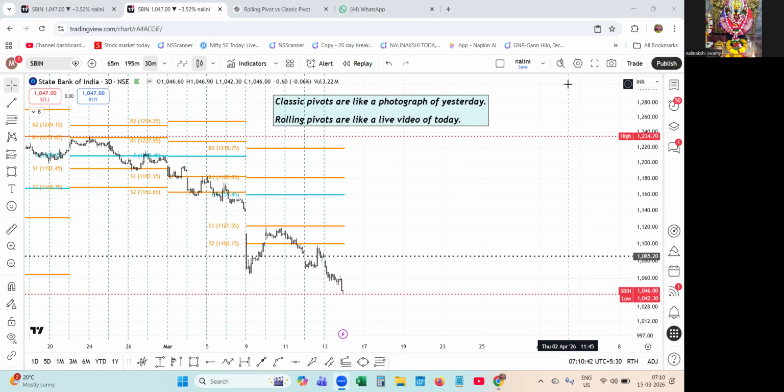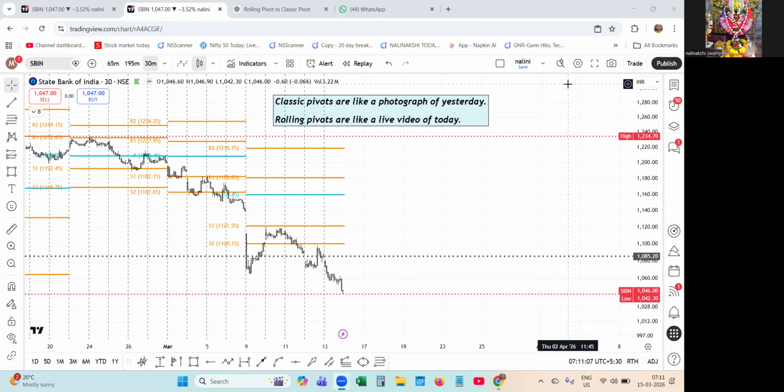90% of traders are using pivots that belong to yesterday's market. But the market is trading today. Classic pivots are like a photograph of yesterday, and rolling pivots are like a live video of today.